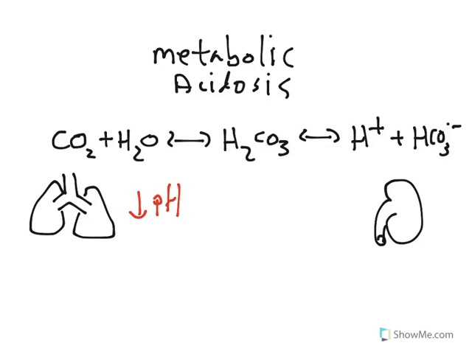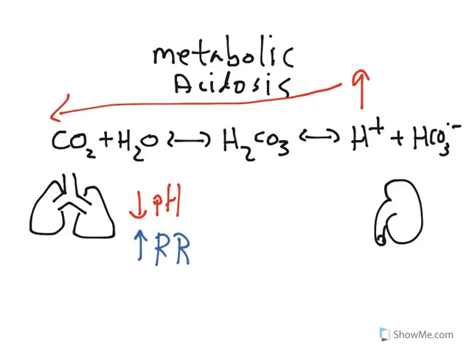Now, the lungs are not the cause, but there's been an increase in hydrogen ions here. Given that, the equation could shift this way. One of the things that will happen in someone in acidosis is you will begin to see an increase in respiratory rate.